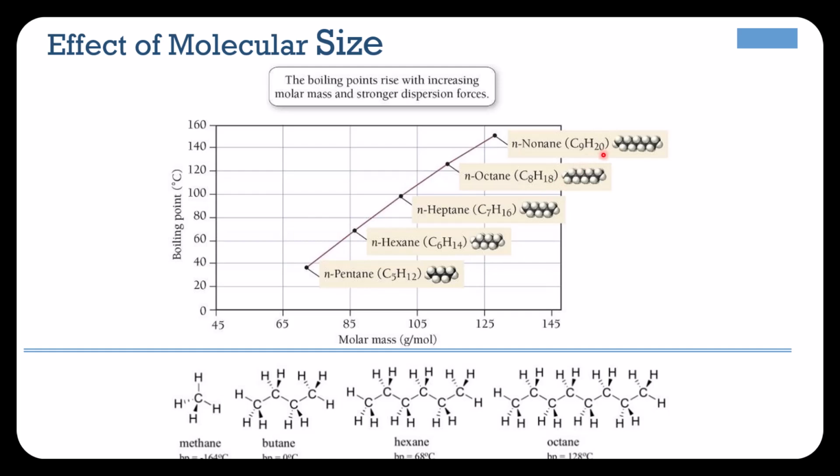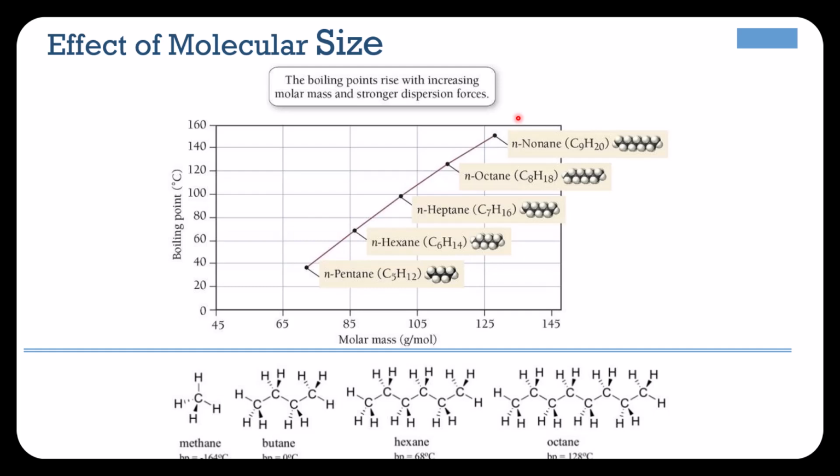If I were to look at the molecular masses of these, as we get bigger, of course, the molecular masses are going up. That's going to be how we determine the size of these molecules, is to look at their molecular masses. So as we increase the size, we increase the intermolecular attraction. Those intermolecular forces get stronger and stronger and stronger. And then again, that's directly connected to the boiling points as well. So stronger intermolecular forces, higher boiling points.